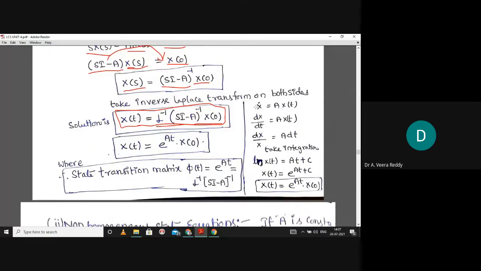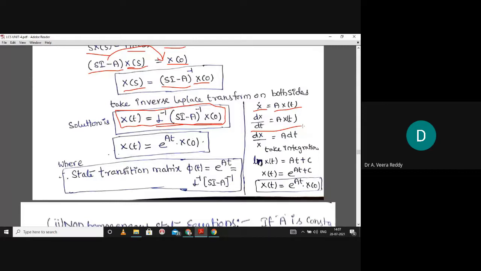We know x dot equal to A x of t, and x dot means dx by dt equal to A x of t. So therefore dx by x equal to A dt.